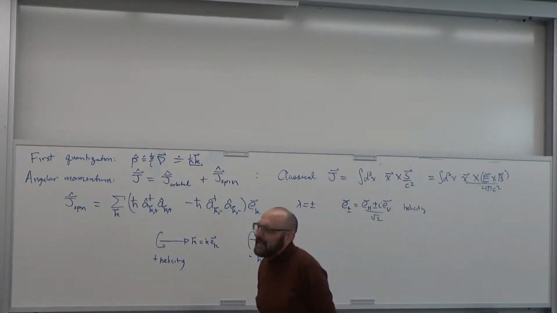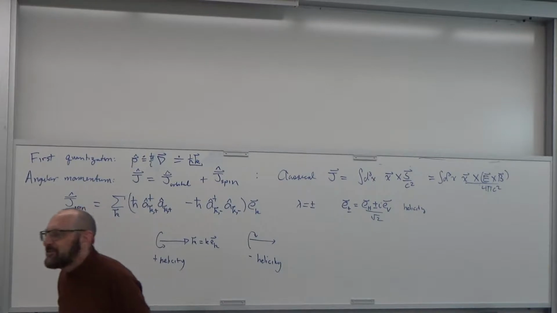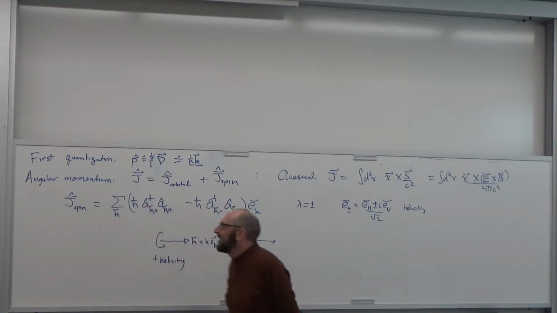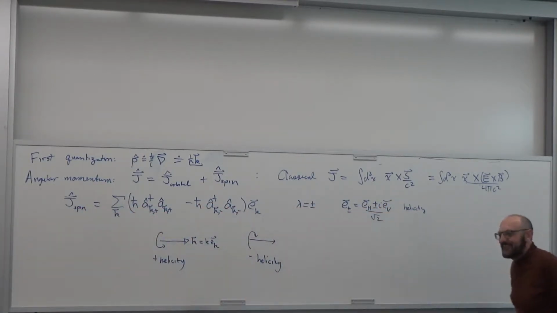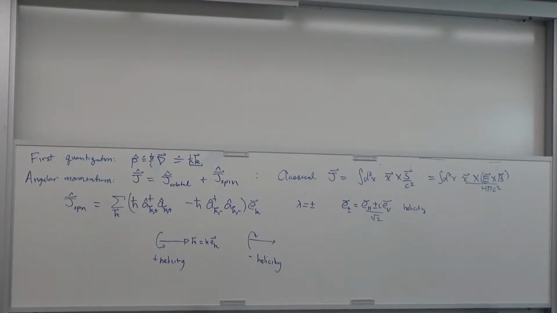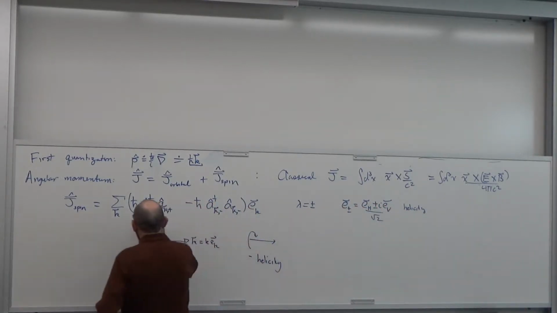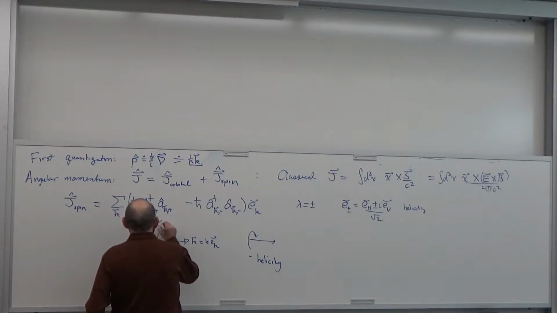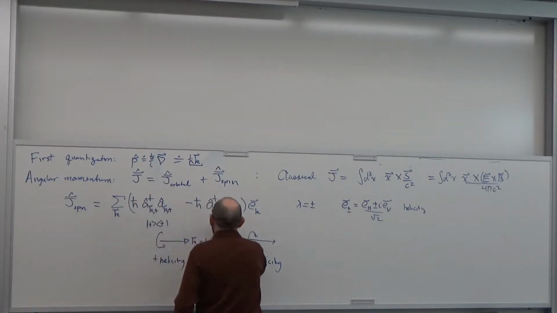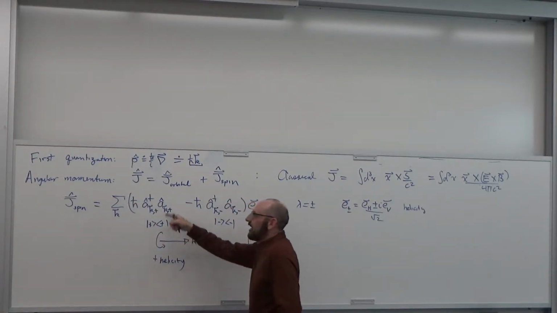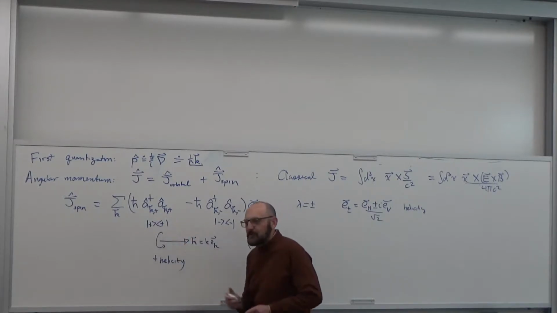Well, all our friends from the beginning of the semester, the bras and kets. Bras and kets, yeah. So you can think about this as a kind of a plus and a minus, that kind of thing. All right, I kind of like that. This is kind of the second quantized version of this first quantized thing.